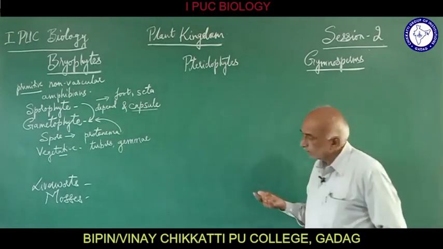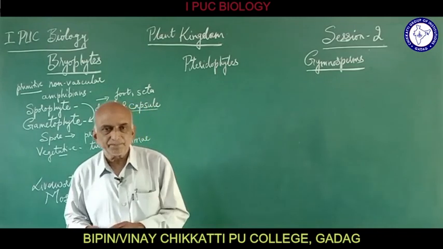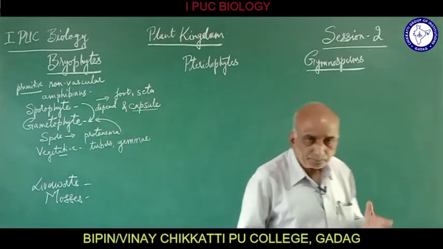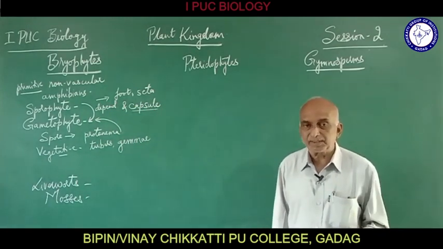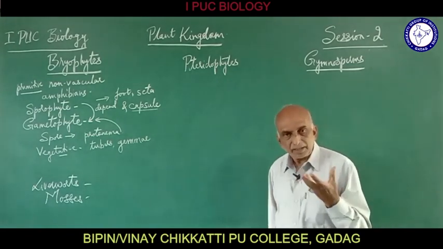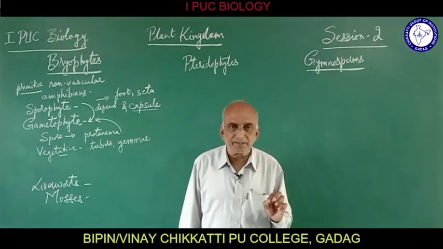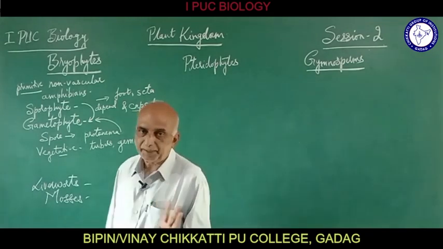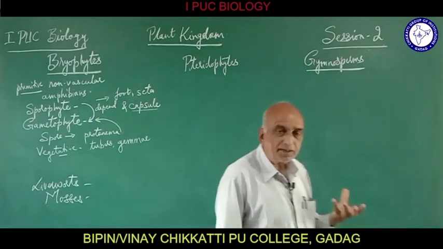That is the tuber. Now gemmae are also structures produced on the thallus. Especially in liverworts we come across gemmae. In liverworts, small cup-like structures are formed on the surface of the thallus. These small cup-like structures which appear on the thallus are called gemmae. These gemmae are vegetative bodies.